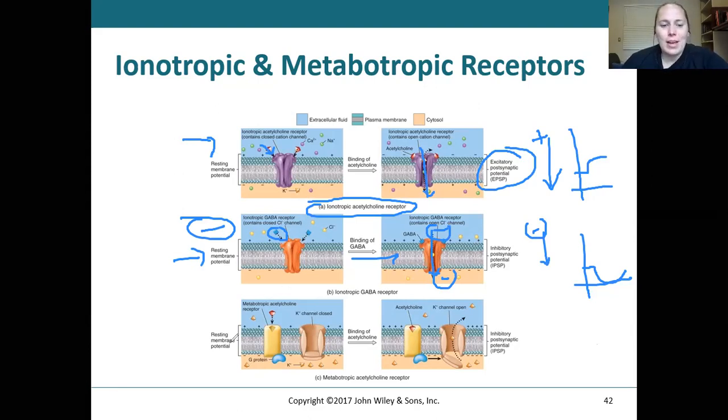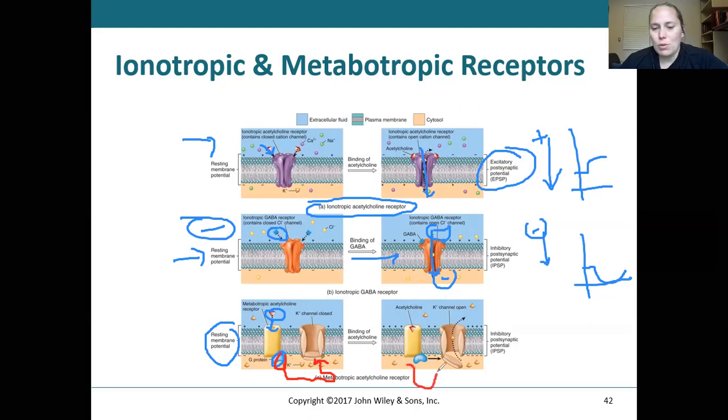Good times. Okay, lastly, we have a metabotropic acetylcholine receptor. The metabotropic acetylcholine receptor has a ligand that binds. Like I said before, a single type of neurotransmitter can have both ionotropic and metabotropic receptors. So the metabotropic receptor binds, this little guy hanging out down here, this G protein, gets released and goes and does its thing, sends signals, and can cause effects on things like the potassium channel.